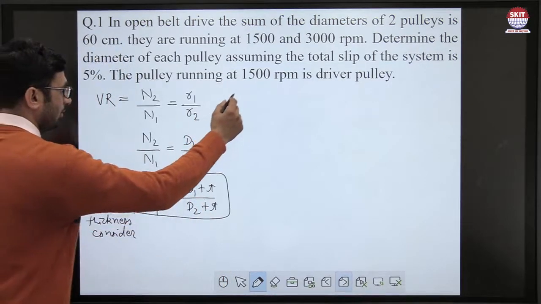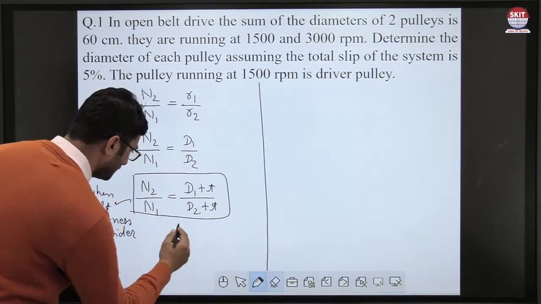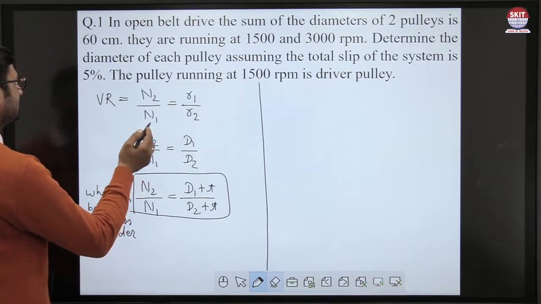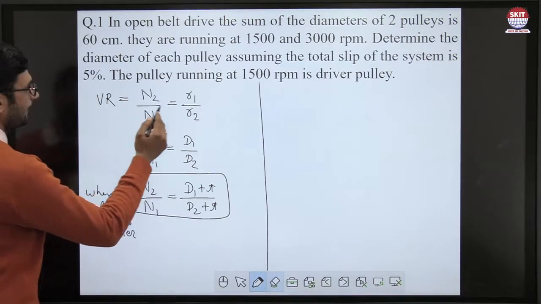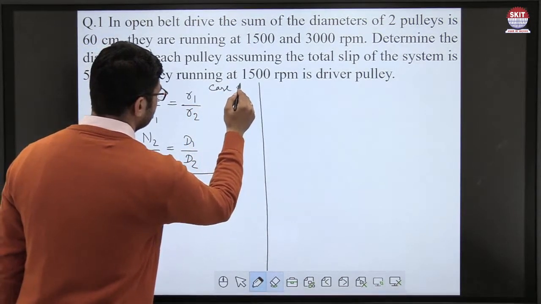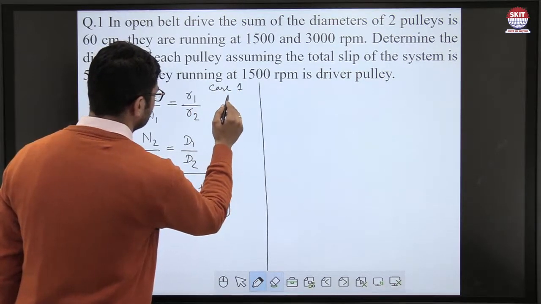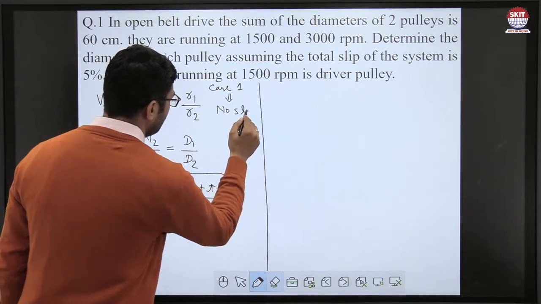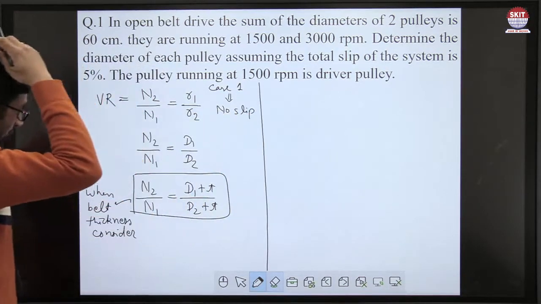This formula is when there is no slip. There are two cases. In case first, no slip, this is the formula of no slip.